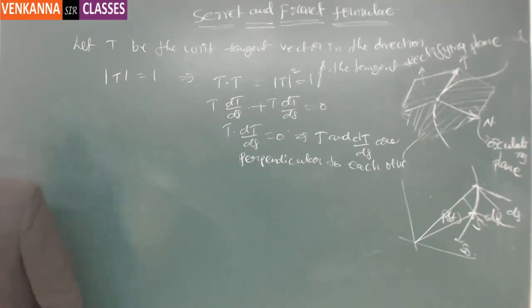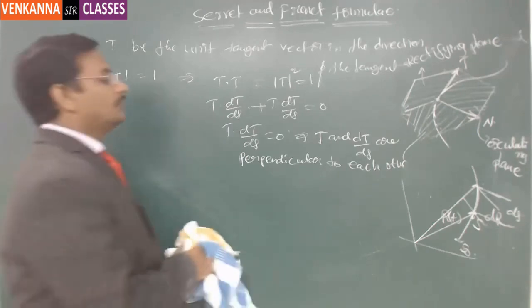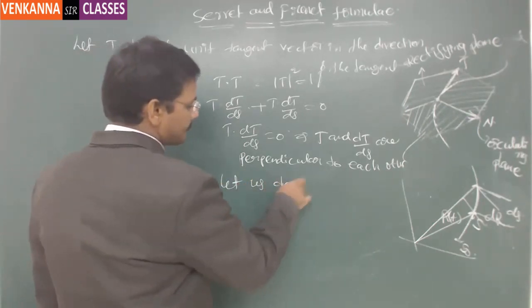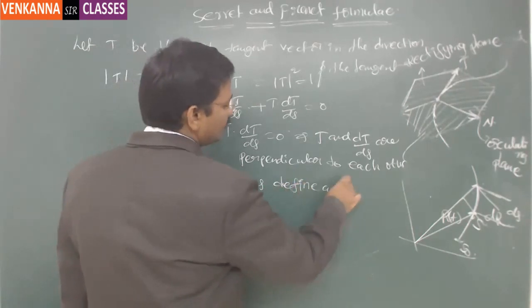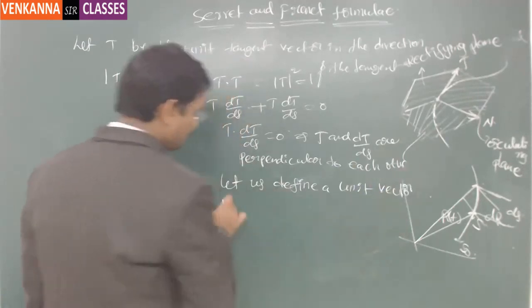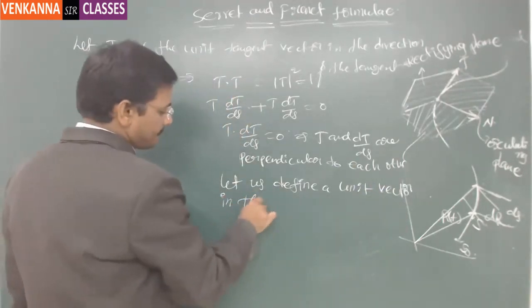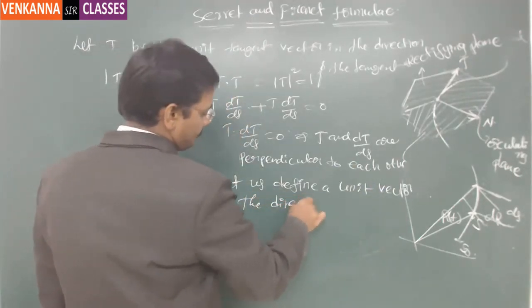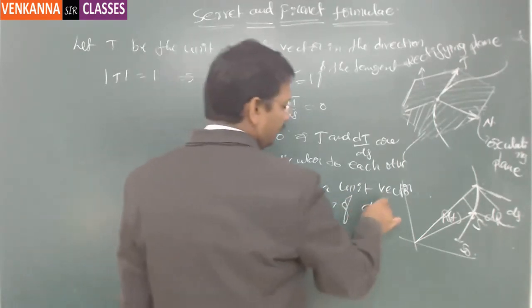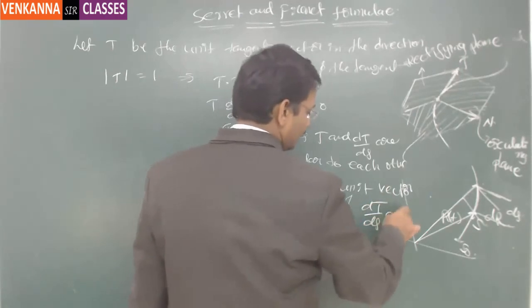So let us say these two are perpendicular to each other. Then let us define a unit vector in the direction of dt by ds, and let it be n.